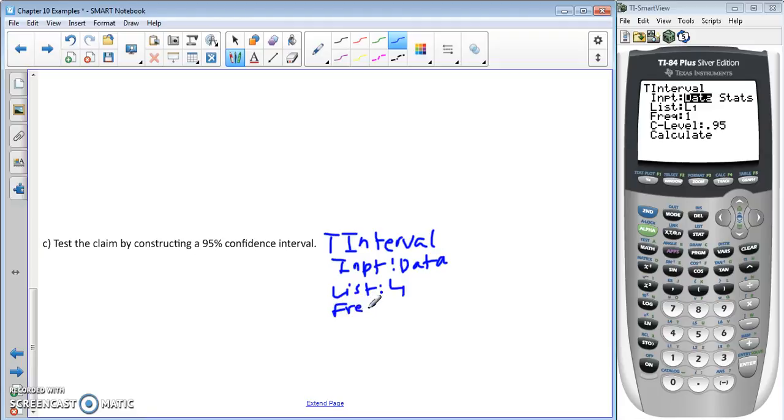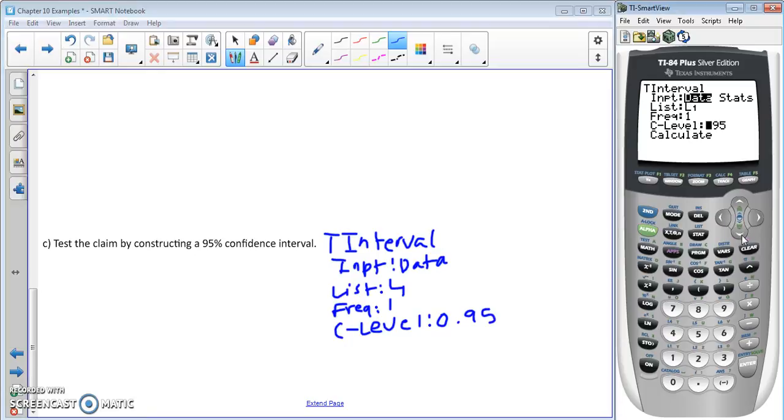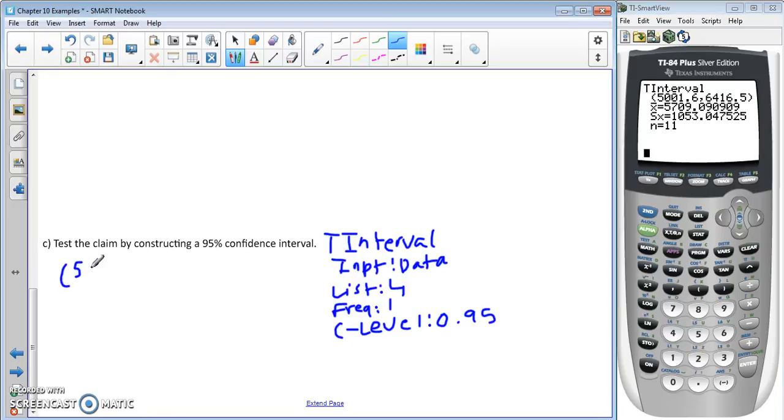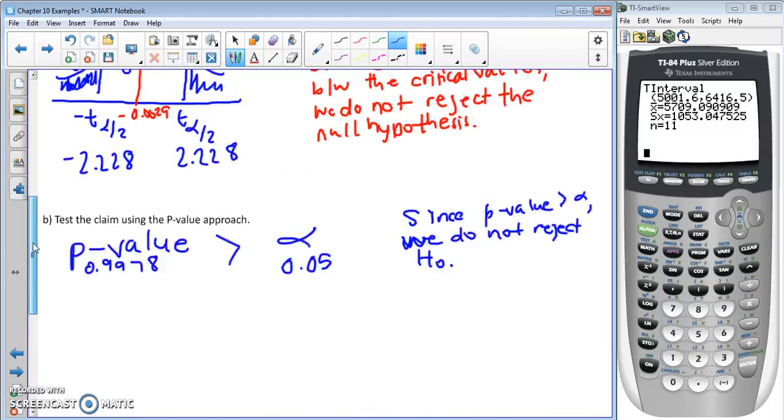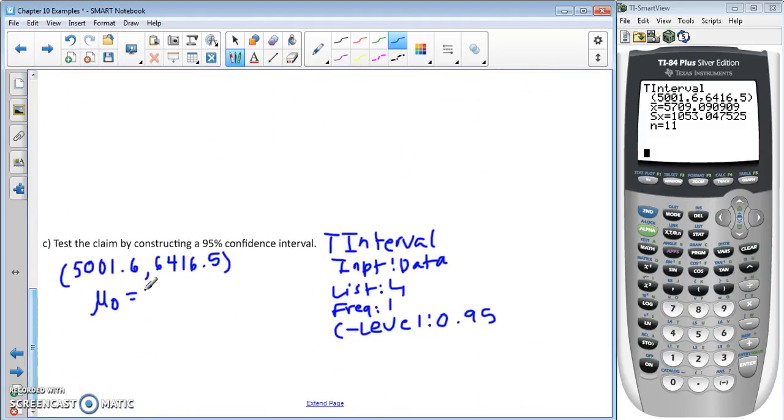Our frequency is 1, and our C level is 0.95. I'm just going to go down to calculate, and our interval here is 5001.6, comma 6416.5, and mu naught was 5710.